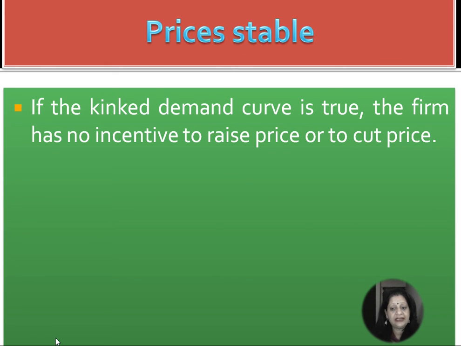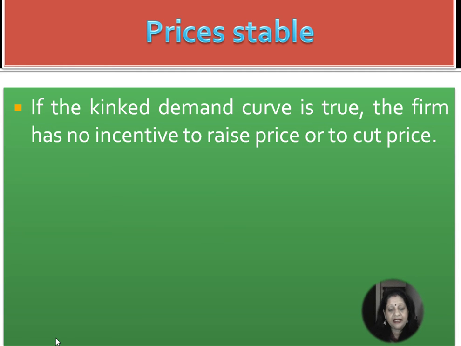Now, if prices are stable, that whatever the situation is, the firms will not change the price, then under that condition, what is the effect? If the kinked demand curve is true, the firm has no incentive to raise price or to cut price.